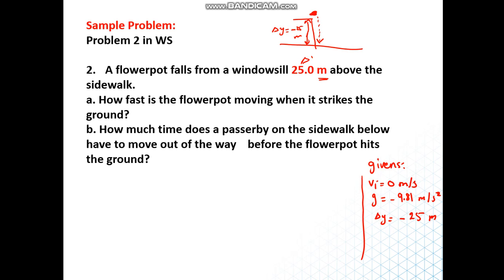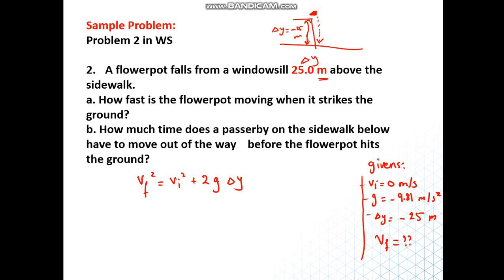Delta y will be negative 25 meters. Once we see the unit meters, this means this is displacement, and in free fall it's delta y. We need to find how fast, meaning the velocity. So I have three givens and one unknown. I need to check which equation will be the best.